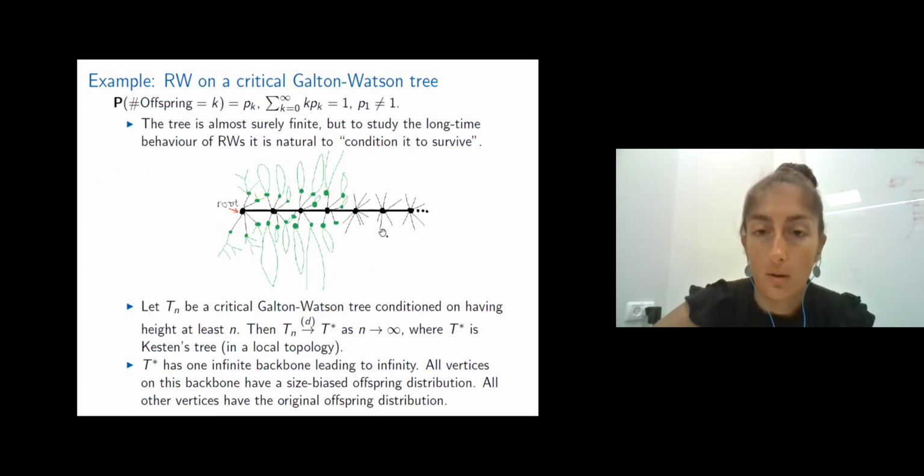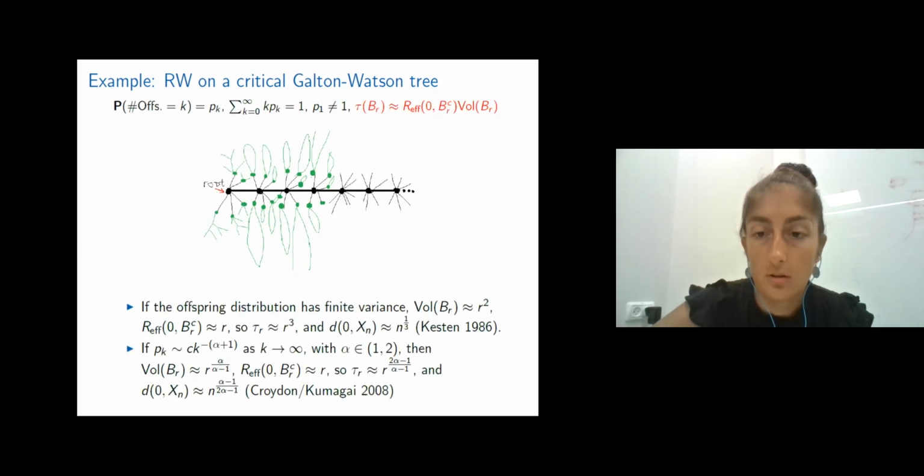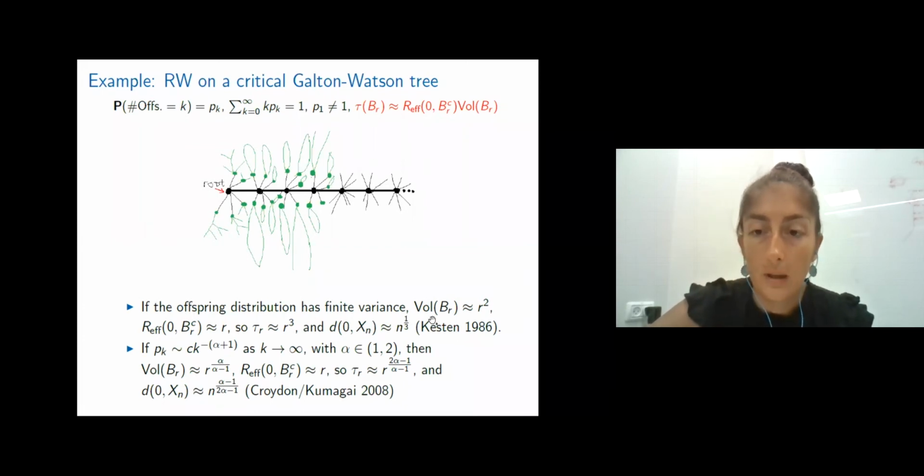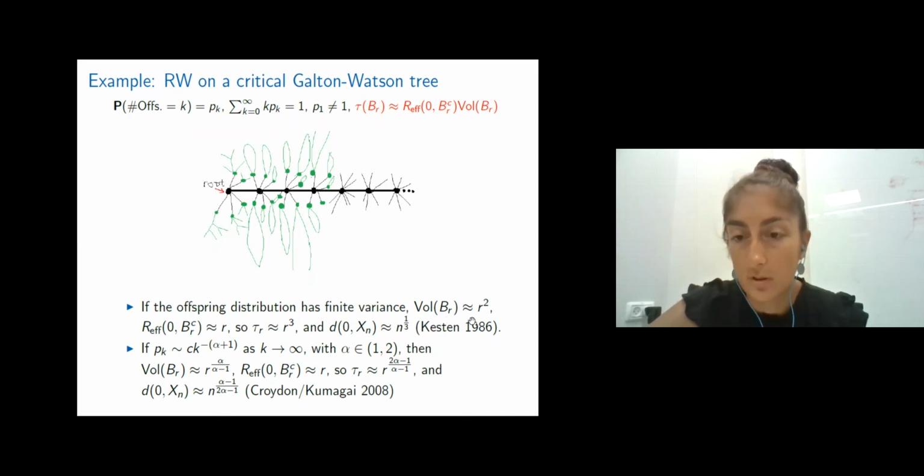And it turns out that Kesten showed in 1986, if you take this critical Galton-Watson tree conditioned to survive, and by the way, the motivation for considering this was that he was looking at critical percolation clusters conditioned to survive, then if you take a ball of radius r, the volume of the ball is roughly r squared, and the effective resistance to the boundary is also of order r.